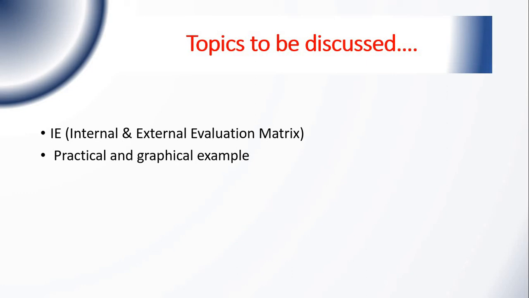Then we discussed the IFE matrix, internal factor evaluation, which was used as a strategic tool to audit or study the internal environment and also the internal factors which can have impact on the business and also on the performances of the business. Those internal factors were the strengths and weaknesses of the organization. So we listed some important internal factors.